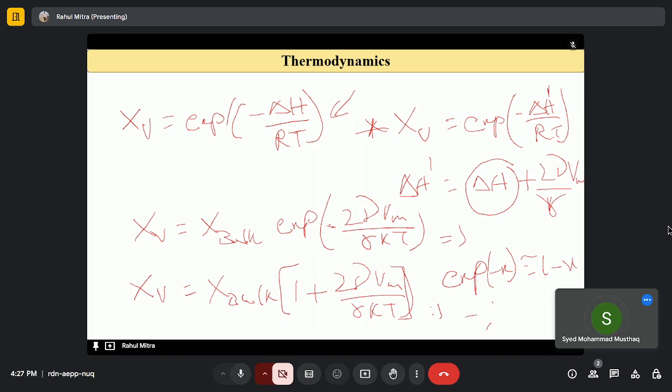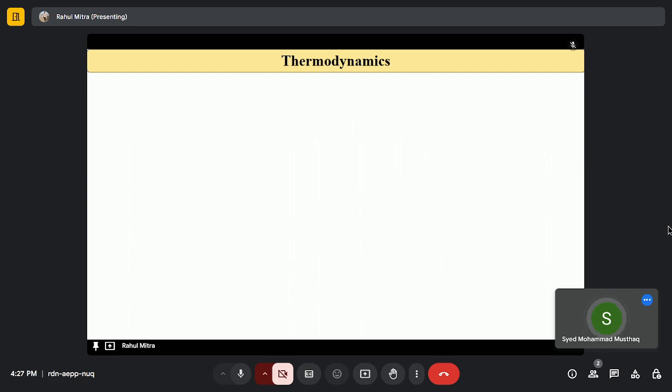So if you have powder particles touching each other, the vacancies will move from here to here.